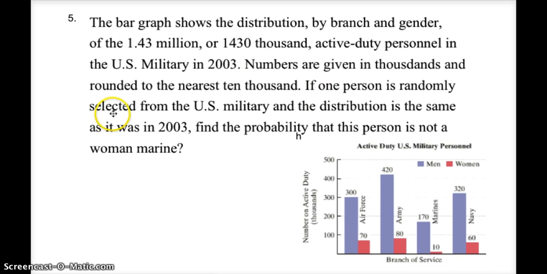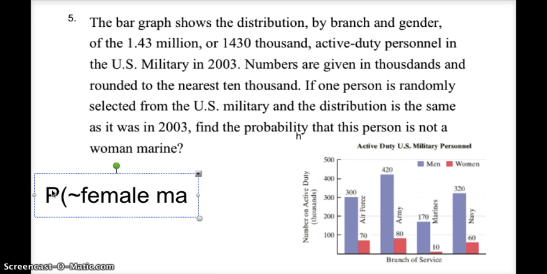If a person is randomly selected from the U.S. military and the distribution is the same as it was in 2003, find the probability that this person is not a woman Marine. So we're looking for the probability that the person is not a female Marine.